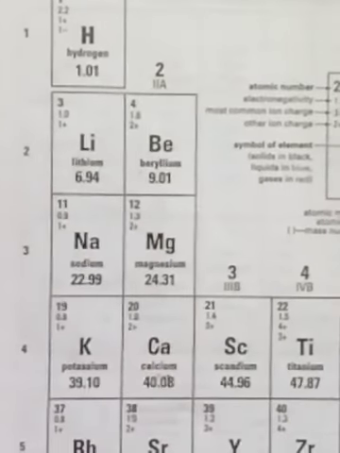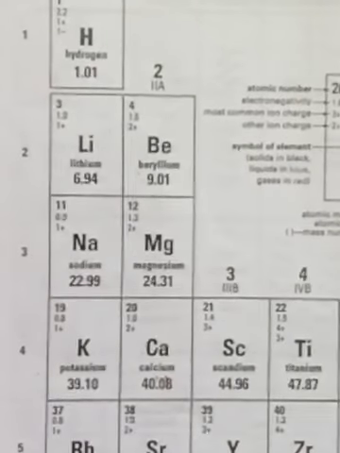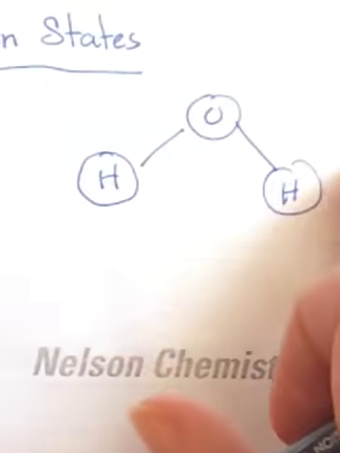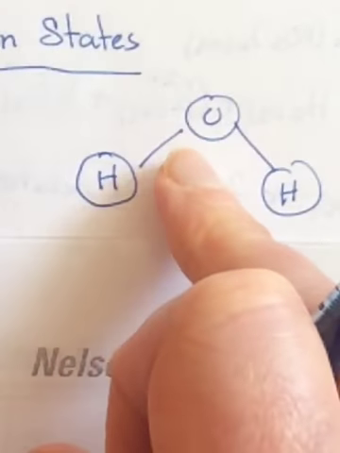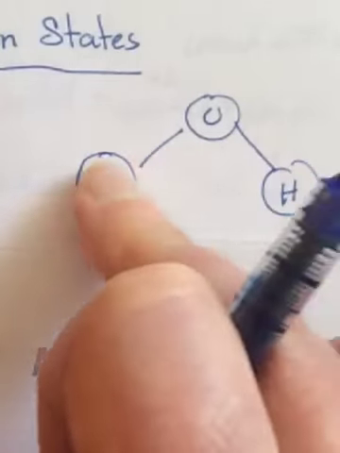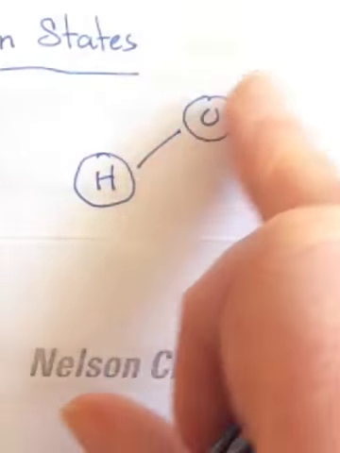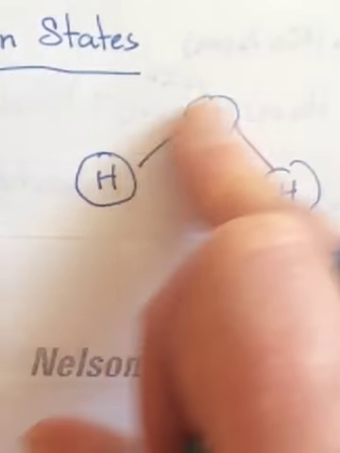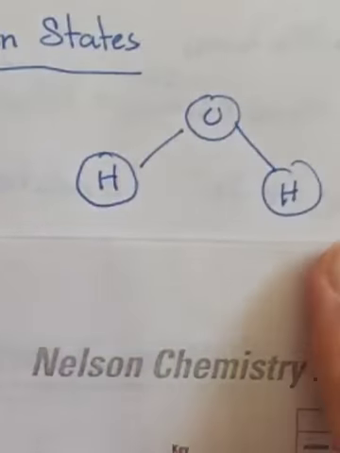So if we go back to the definition of an oxidation state, it's the apparent electric charge that an atom would have, depending on which one pulls the pair of electrons in the covalent bond more.